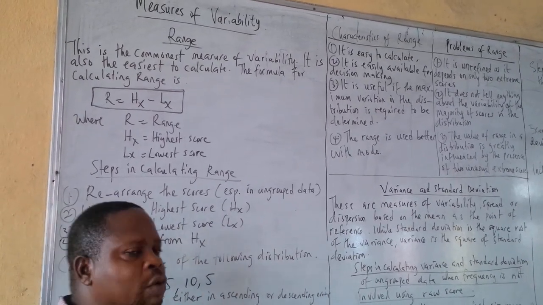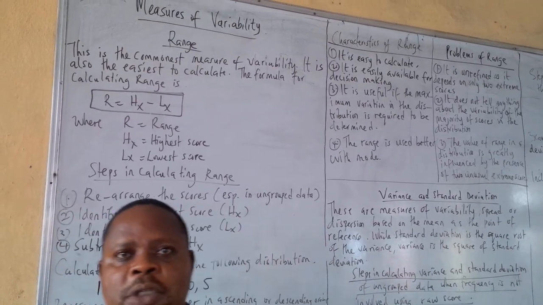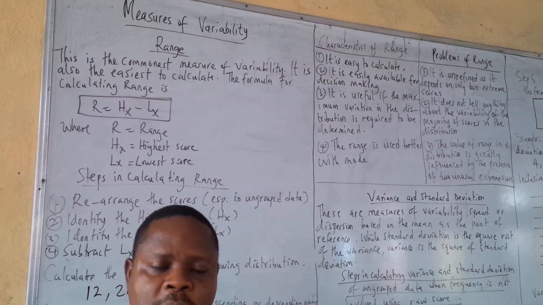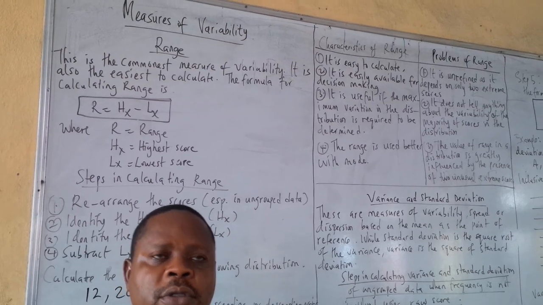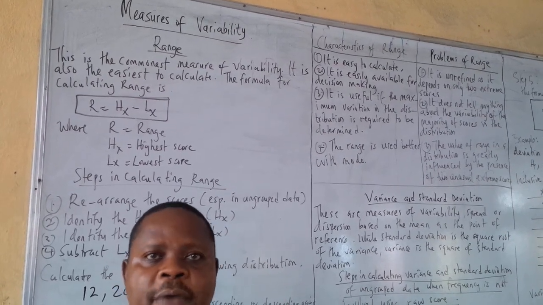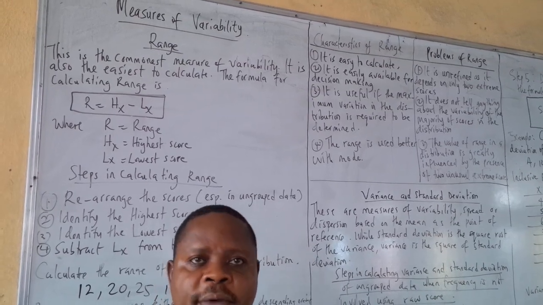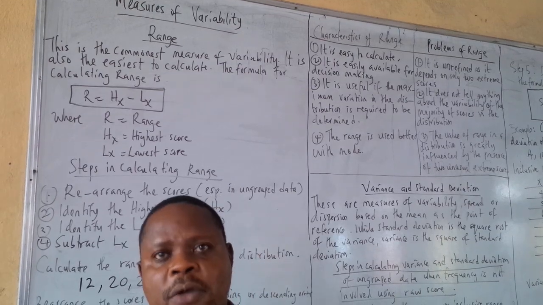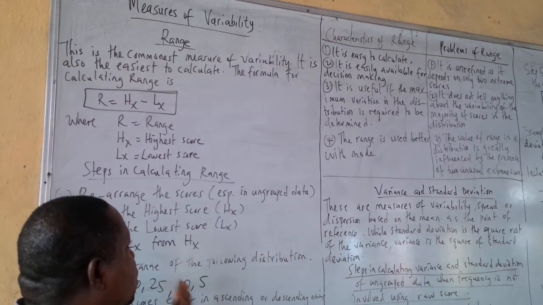But in a situation where you have 30, 20, 15, 5, and so on, you can now see that the scores are not the same. There are measures that show how those scores differ from one another. Those measures are called measures of variability or measures of dispersion. Sometimes it's called measures of spread. And that's what we are looking at now.